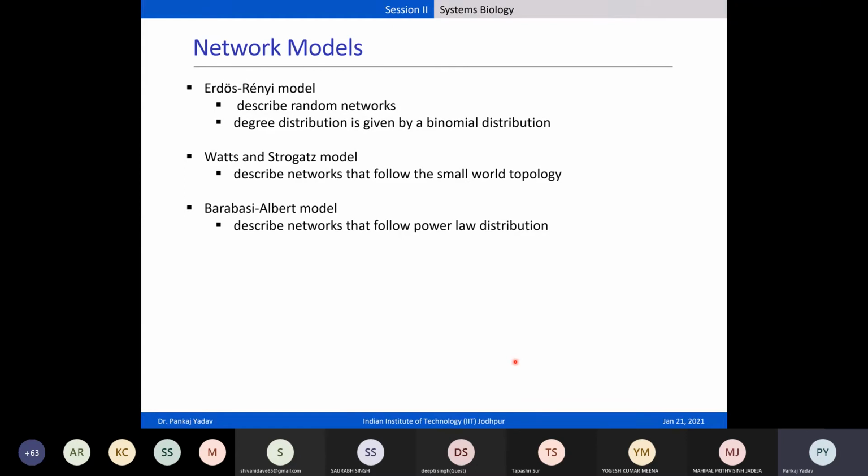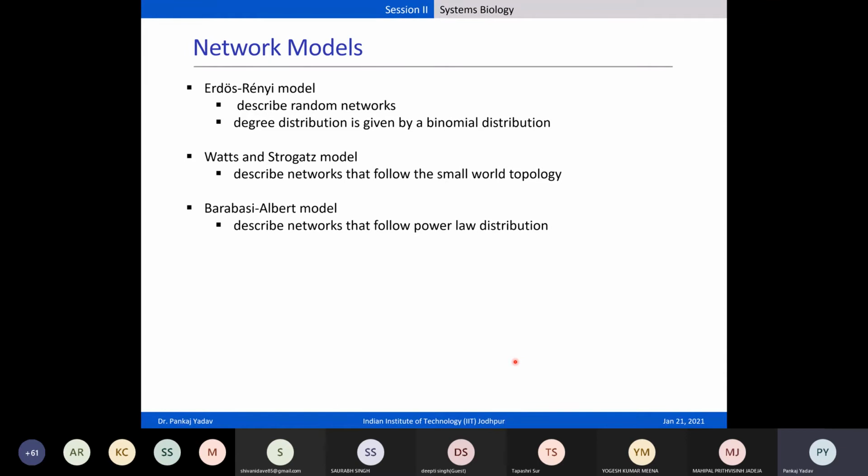You can imagine it like this. Suppose you are given n number of nodes and let's say e number of edges are given. What you will do is throw these edges on these n nodes, and they will randomly be assigned, randomly connecting different nodes. Each time you throw these edges, you will get a different structure of the network.